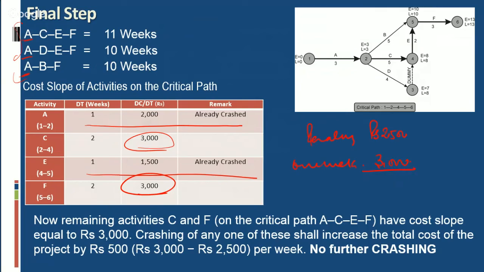If we crash activity C or F by 1 week, we have to pay an additional cost of rupees 500 per week. It means further crashing is not advisable, and the solution we got in our step number 2 is our optimum solution.